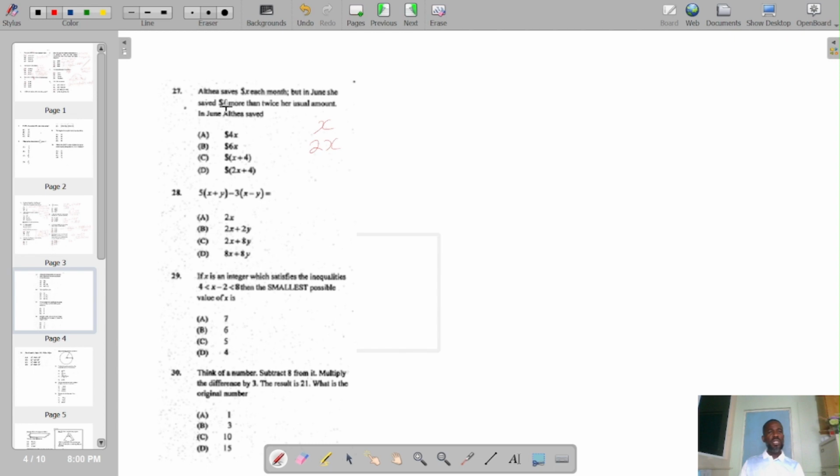Twice is going to be that, and $4 more would be equal to 2X plus 4. So our answer here is D.